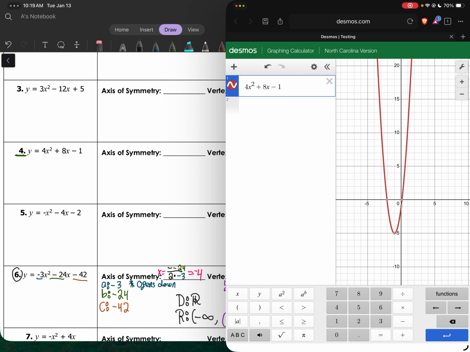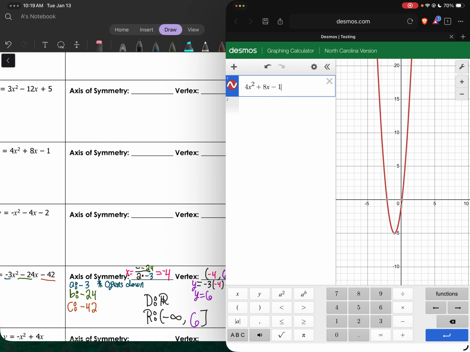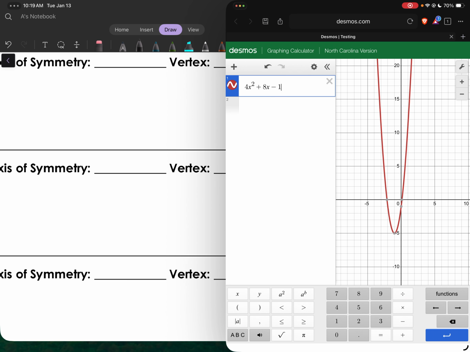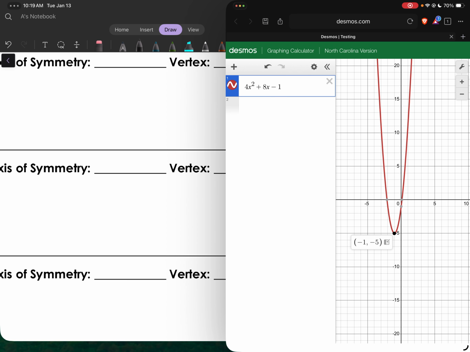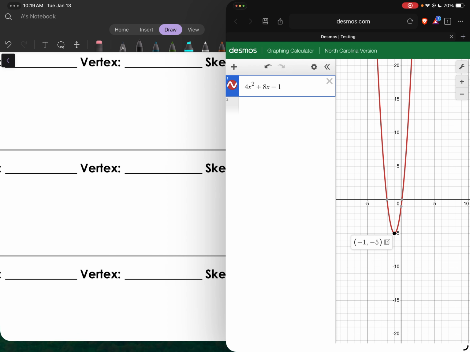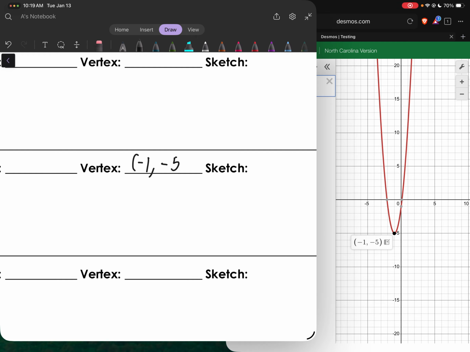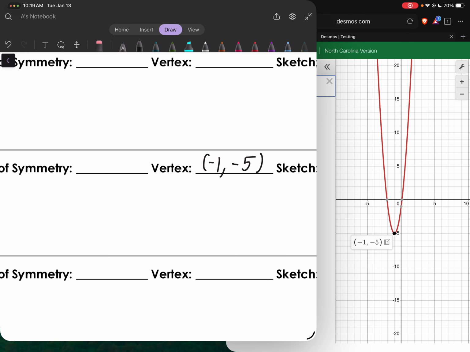Since you can use Desmos on every problem in this class, I highly recommend you learn how to use Desmos for this. My axis of symmetry and my vertex. First, identify the vertex. It is at -1, -5. Your axis of symmetry is just going to be x equals whatever the x value is at the vertex, -1.